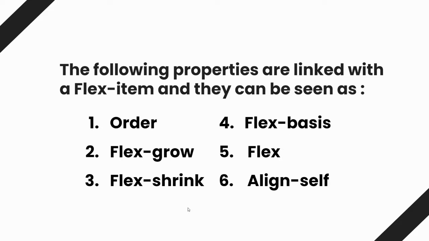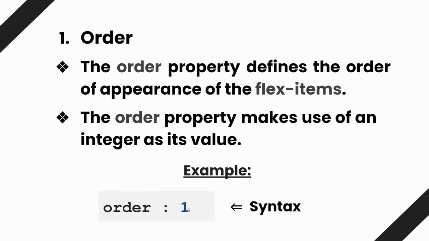The flex item actually is associated with six properties, which could be the order property, the flex grow, the flex shrink, the flex basis, the flex, and the align self. So without wasting our time, we'll just quickly look at each of these properties, and we'll get to see how they all perform on VS Code.